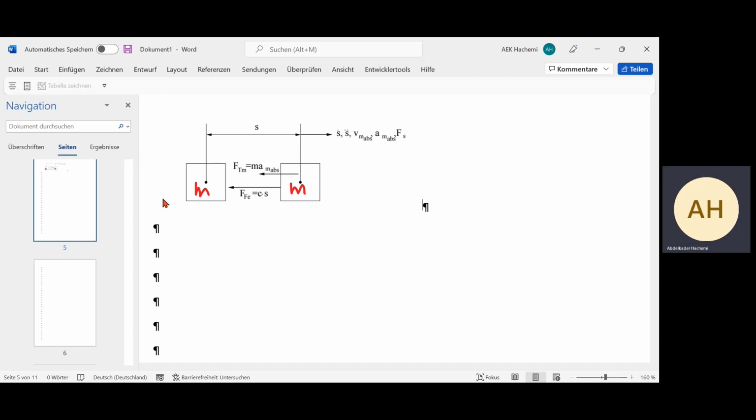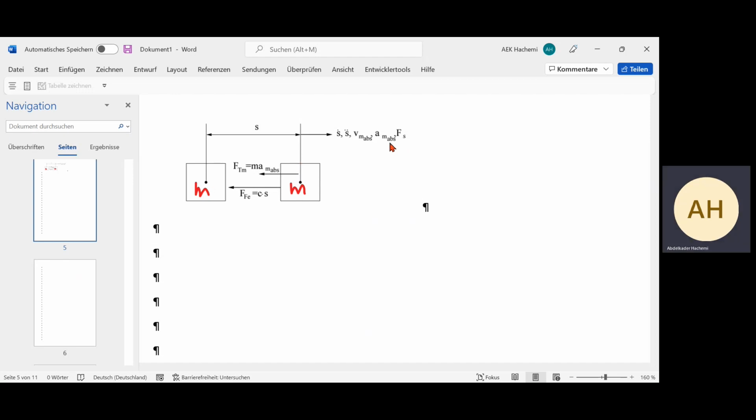The wagon moves with the frame velocity, and the small m moves with the relative velocity. Then it means the small m has the frame velocity, which is the velocity of the wagon, and also the relative velocity.